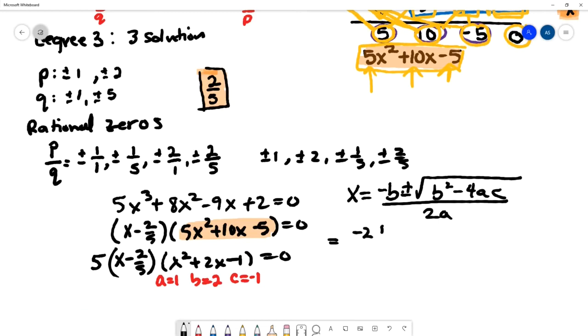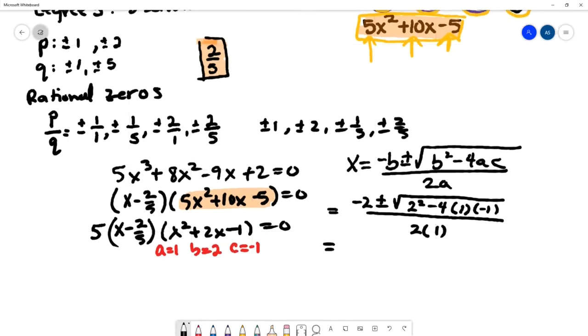I have -2 plus or minus the square root of 2 squared minus 4 times 1 times -1, all over 2 times 1. We'll simplify to get -2 plus or minus the square root of 4 plus 4, over 2.